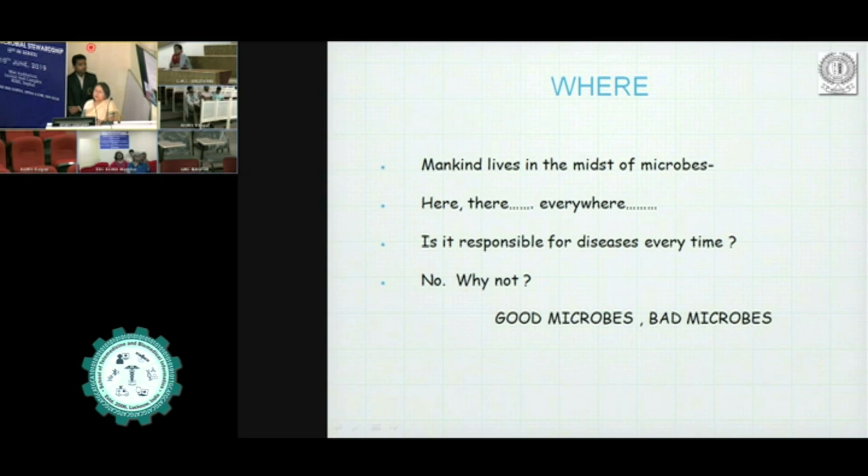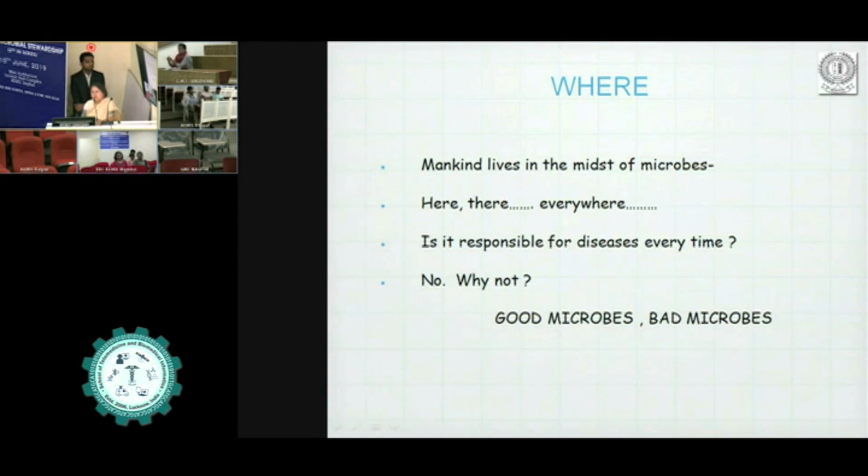We tend to think that we are very clean, that there are no microbes, no organisms in our body. But please remember that the number of cells present in our body is very high, yet the number of microbes present in our body is much higher than the number of our own cells.